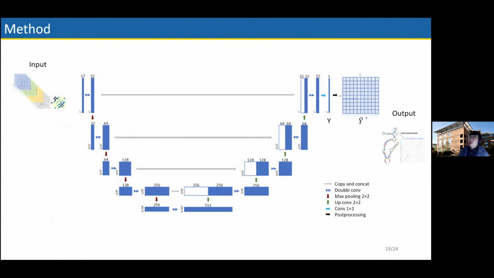And for the fully convolutional network part, we adapted U-Net to take our representation as input and output the contact map prediction. U-Net consists of a sequence of convolutional and downsampling layers to derive increasingly complex representations of the input at different levels. And it's followed by a sequence of upsampling layers with copying contextual information from the encoder parts.